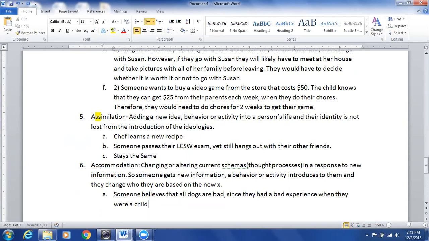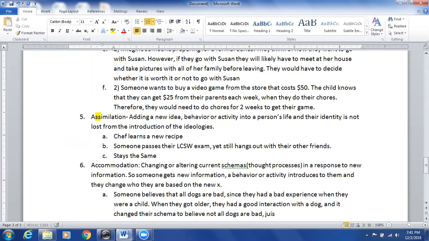And when they got older, they had a good interaction with a dog, and it changed their schema to believe not all dogs are bad, just some of them.